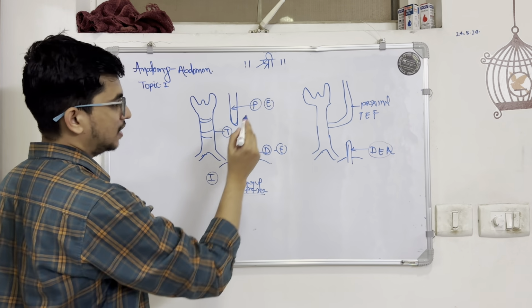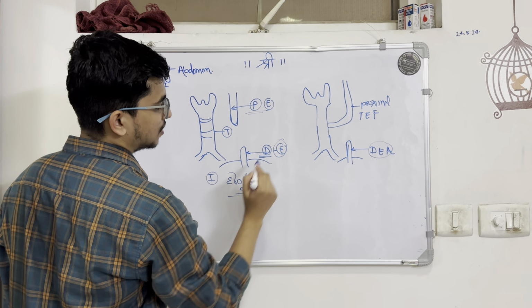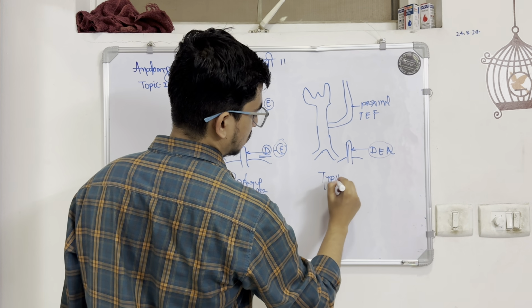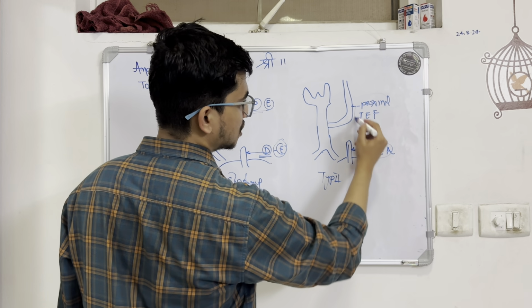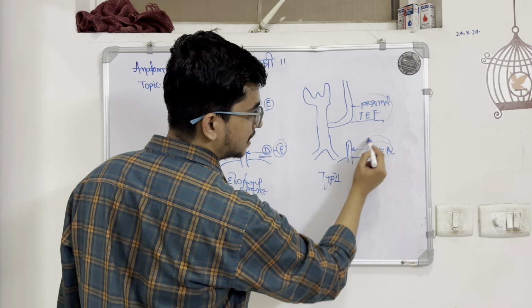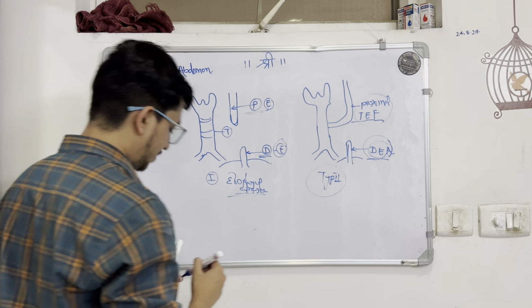In the first type, there is both proximal and distal esophageal atresia. In type 2, a proximal tracheo-esophageal fistula is present, but there is distal esophageal atresia.